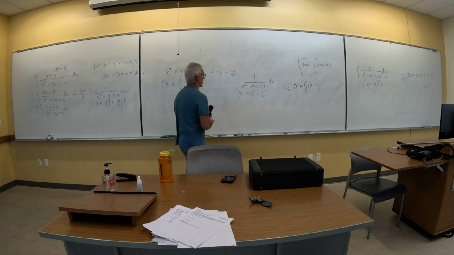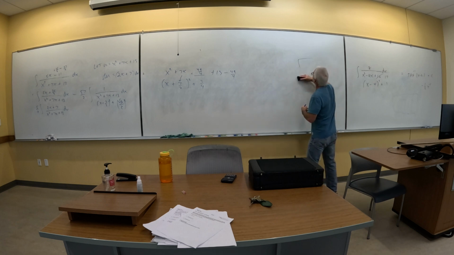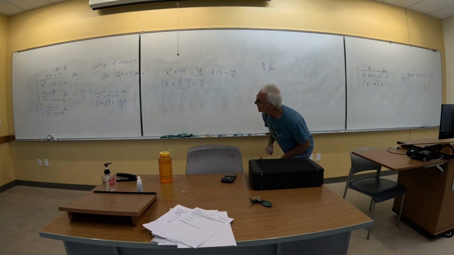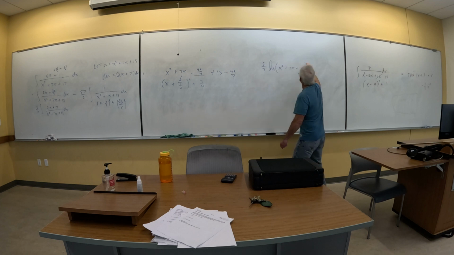Is it going to be pretty? No. Probably not. The part that's not pretty are the coefficients and the constants. So the first answer, I'll bring way over. The first answer is 5 halves natural log x squared plus 7x plus 13. We've already deemed that's a sum of squares, so we can do this.